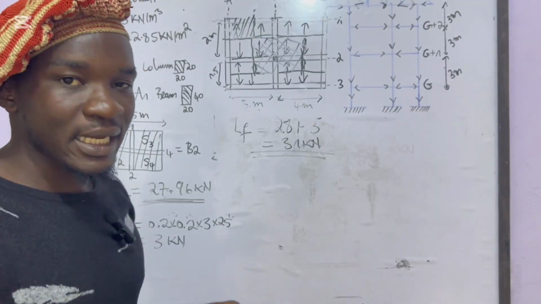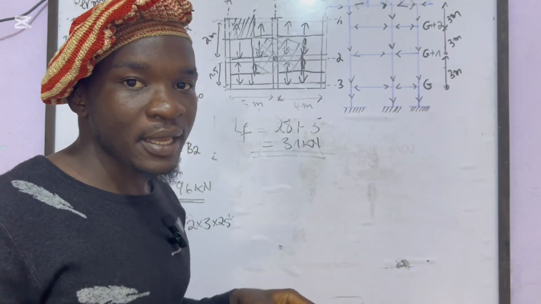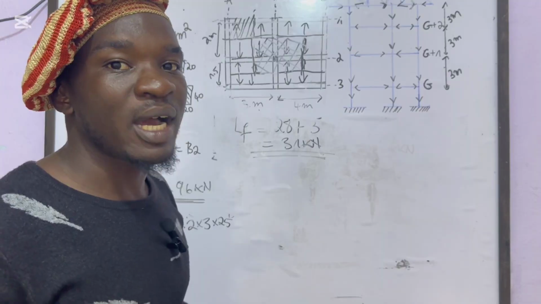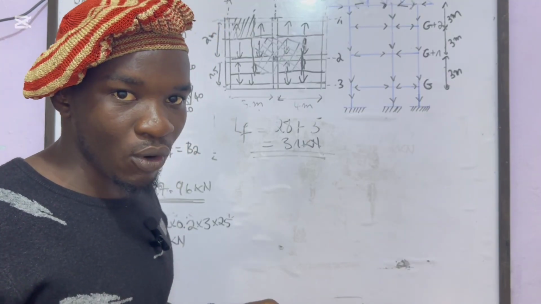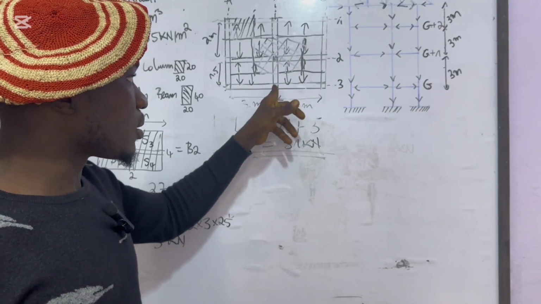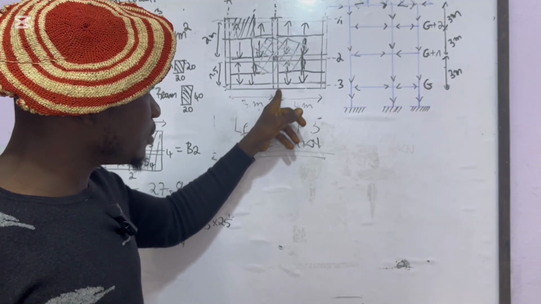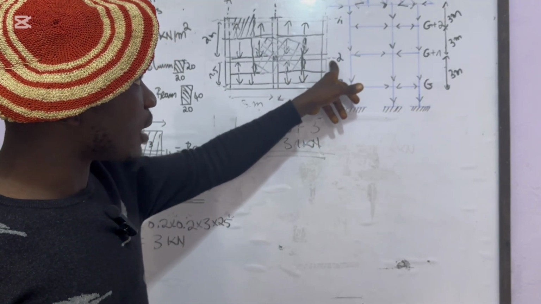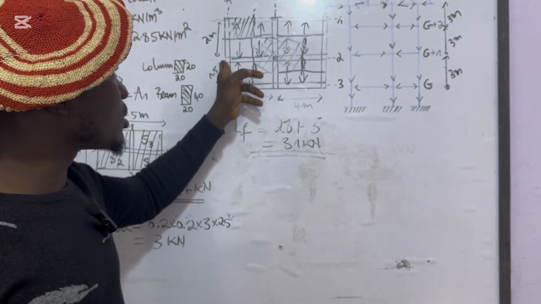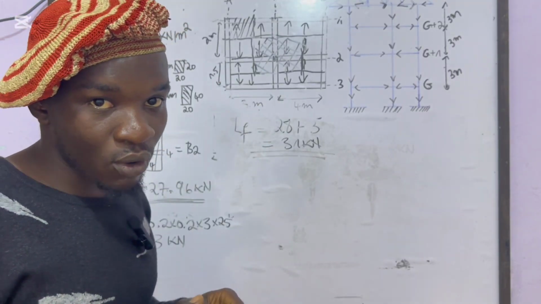Because if it's near to one external column, we majorate this load by 10%. We add 10% of this load on it. If it's near more than one external column, like in our case here, because we can see that column B2 is close to this external column, B3, also C2, also B1, and also A2, so it's close to 4 external columns.